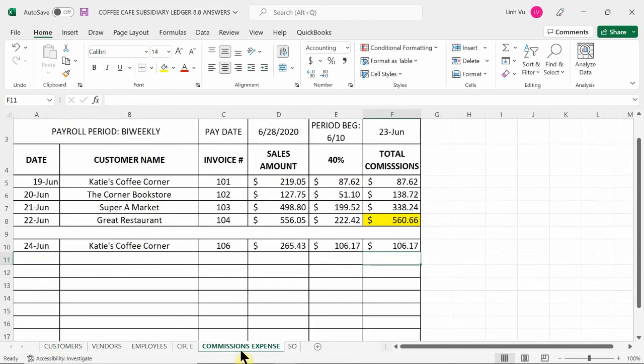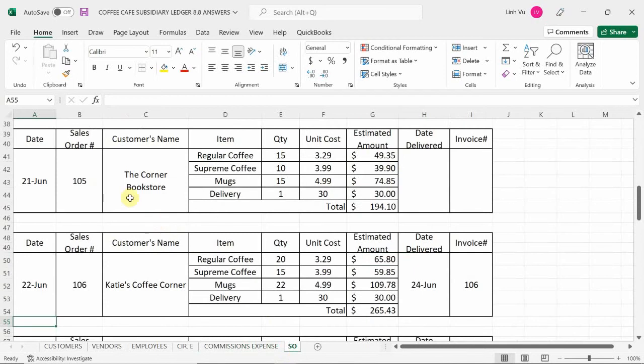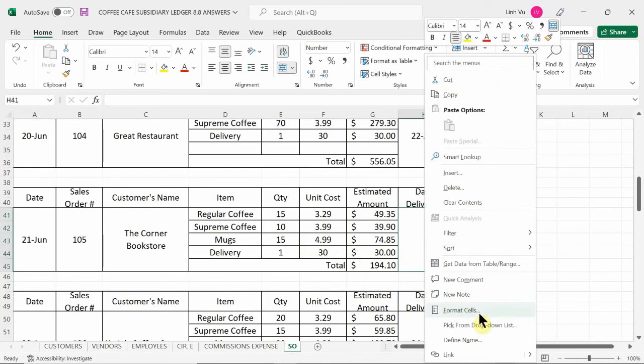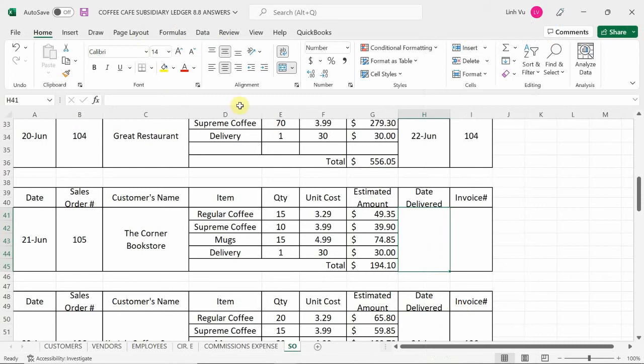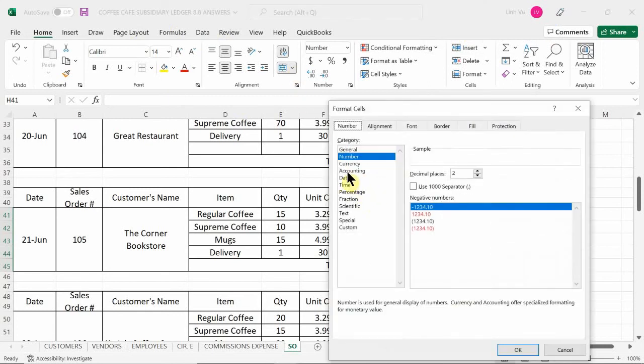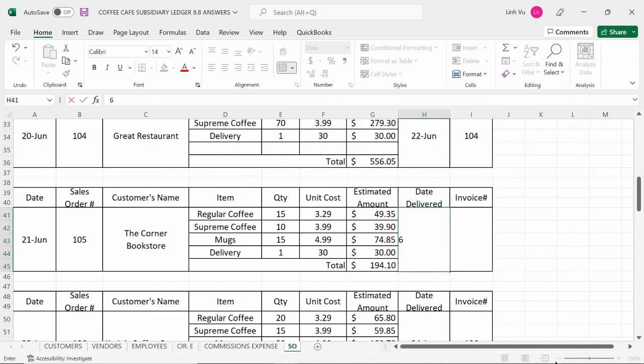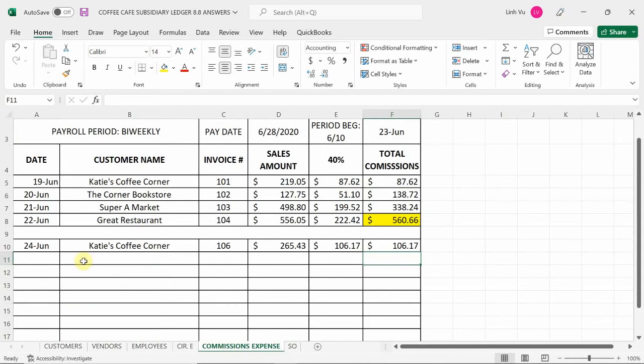So first off, we need to make sure that we check mark sales order 105 and guarantee that he did do the sales. Okay, June 24, invoice number 105, and then we could go ahead and give him his commissions.